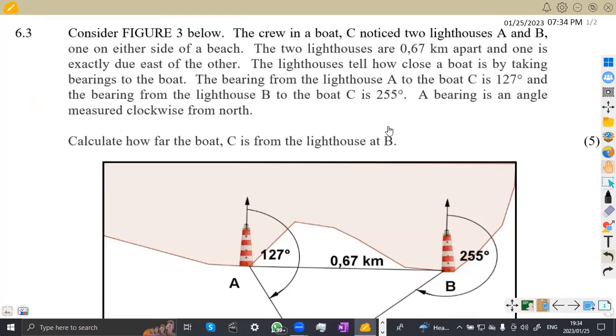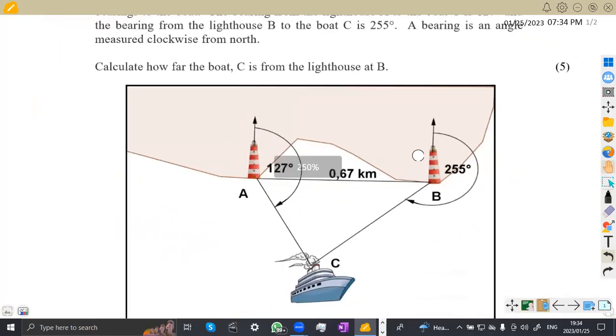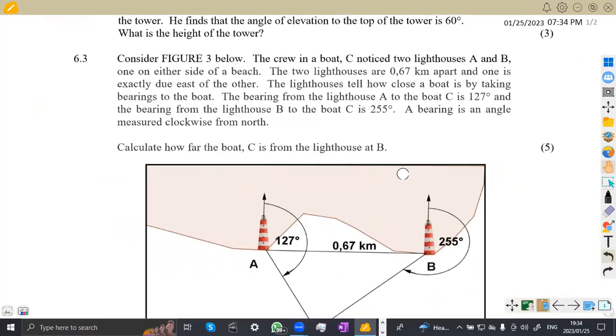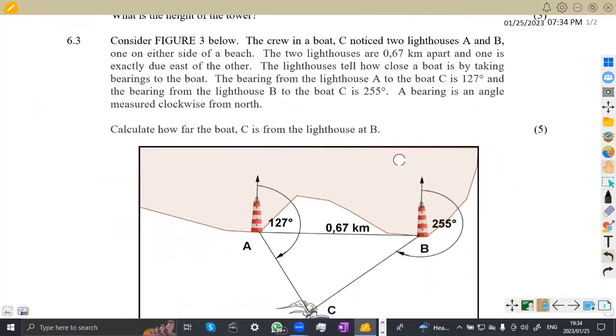All right, on question 6.3, we are given a condition that we are supposed to consider from the figure given below. So that is the diagram you're given. Given that the crew in a boat noticed the 2 lighthouses, A and B, we've got the lighthouse at A and the lighthouse at B, one on either side of the beach.